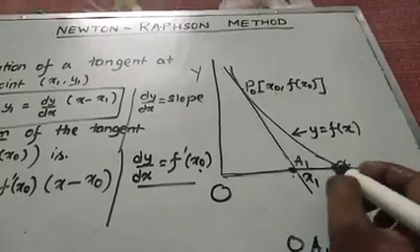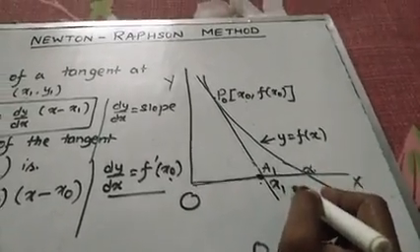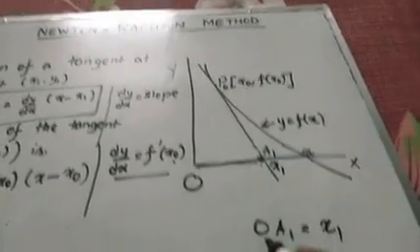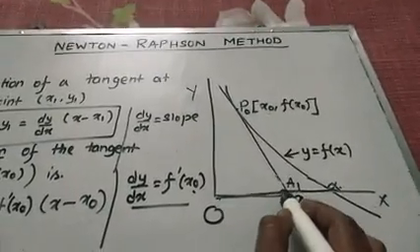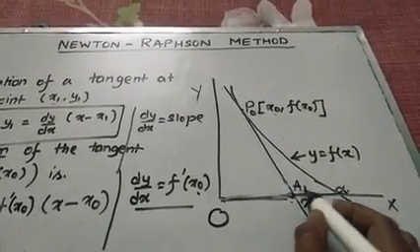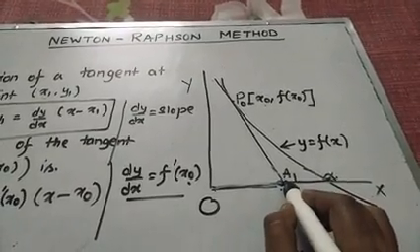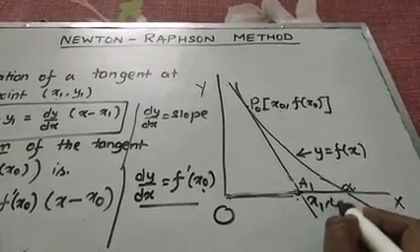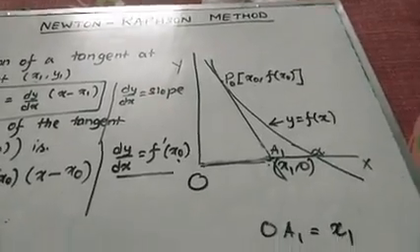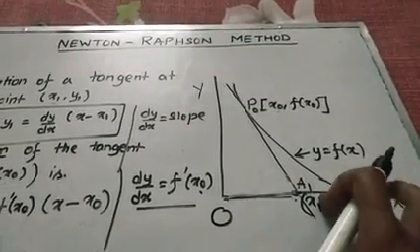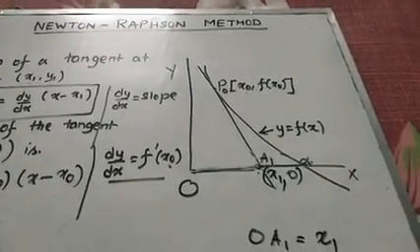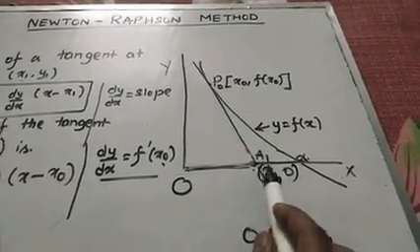What is the distance we have considered? OA1 as x1. So this distance is x1. And what is the coordinate for this point A1? Coordinate is x1 comma 0. So this is the coordinate for the point A1.